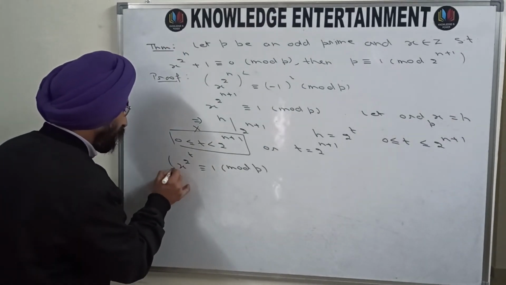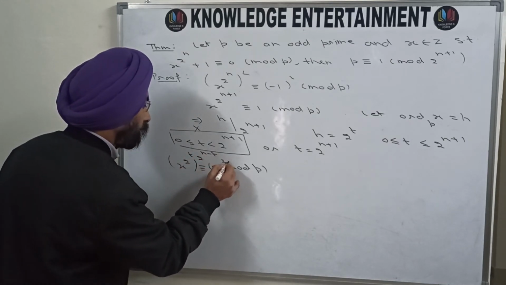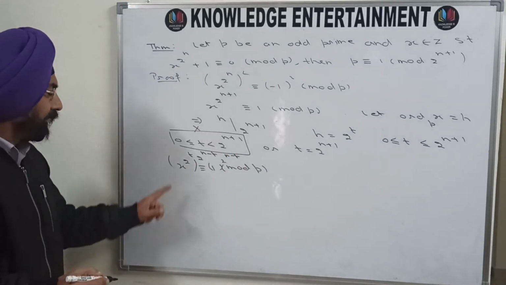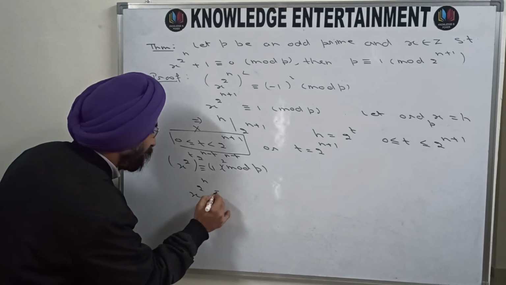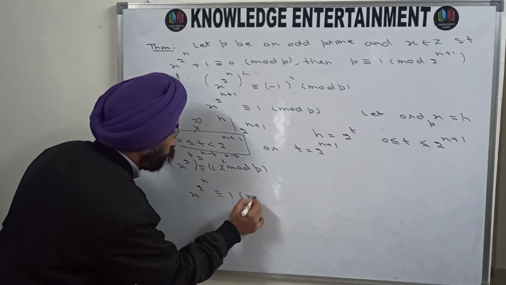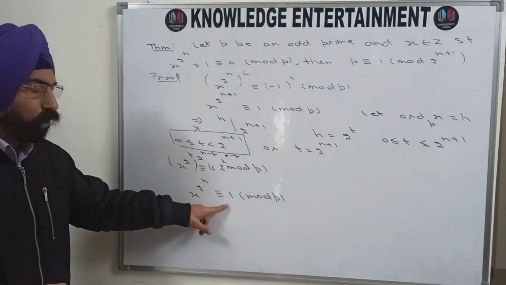Now raise both sides to the power 2^(n minus t). The left hand side will become x raised to the power 2^n, which is congruent to 1 modulo P.